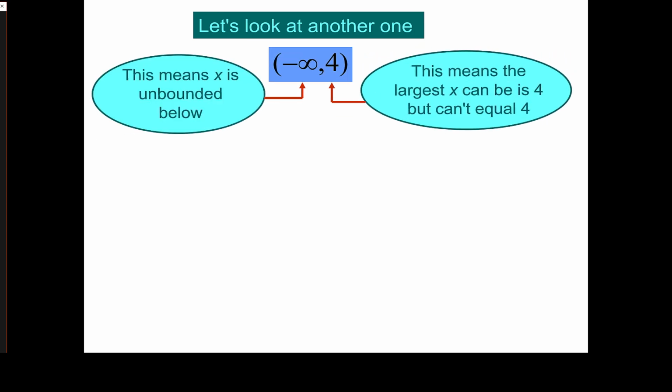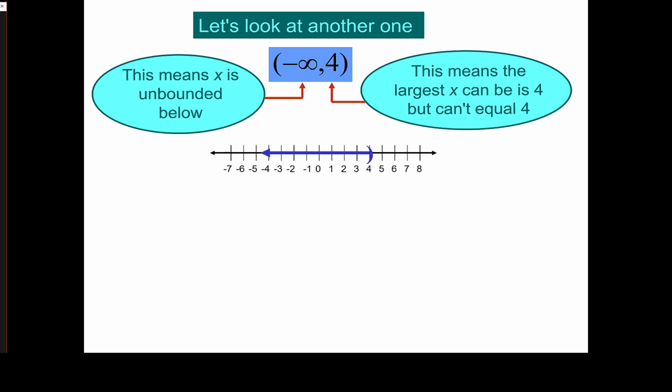Here's another one. It's open on both ends, and we have a negative infinity, and we have a 4. So reading it from left to right, the smallest number is at negative infinity, meaning it's unbounded. It goes on forever down on the low end, and on the top end it approaches 4, but does not include 4. This means the largest x can be is 4, but can't be equal to 4.